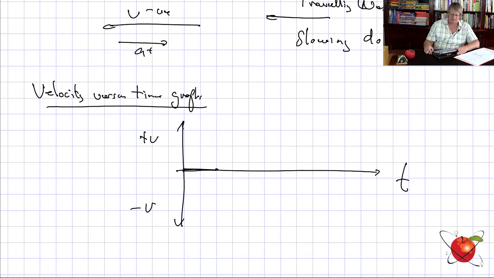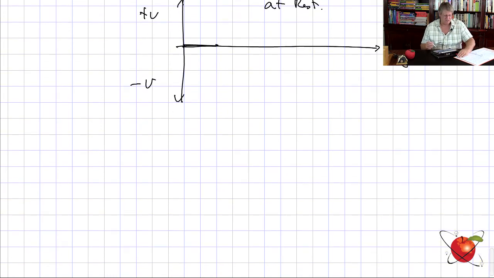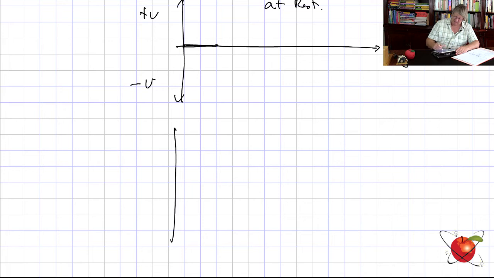Obviously, it means I'm at rest. If I've got one on the axis, I am at rest. Why? Because my velocity isn't changing. And if the velocity isn't changing, then it means that I am standing still.